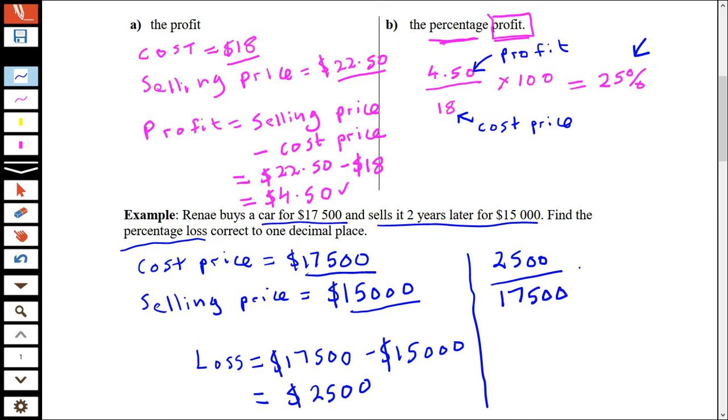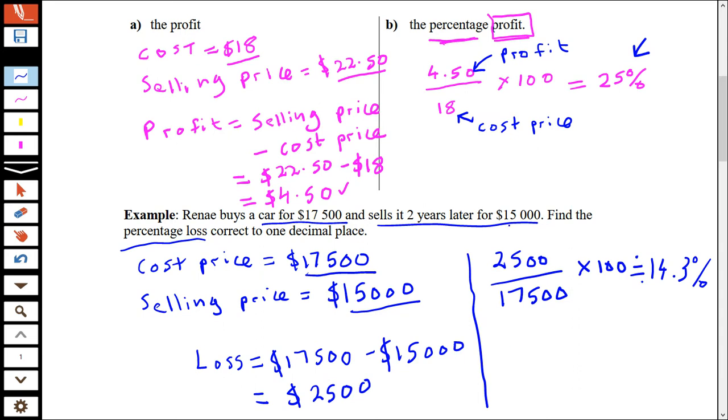Okay. Now that's our fraction. Now times by 100 to convert it to percentage equals, let's work that out, 2,500 divided by 17,500 times by 100. Okay, so to one decimal place, and that's what it says, it's 14.3, and that's percent. Now we should use our approximate symbol there, a dot above and a dot below, because we're rounding.